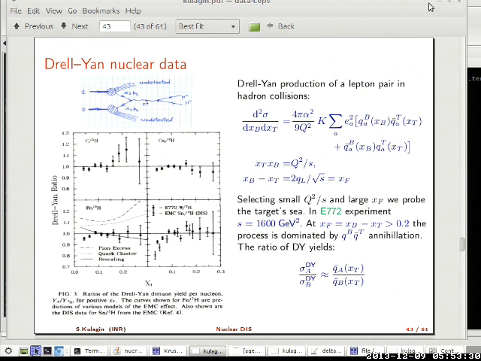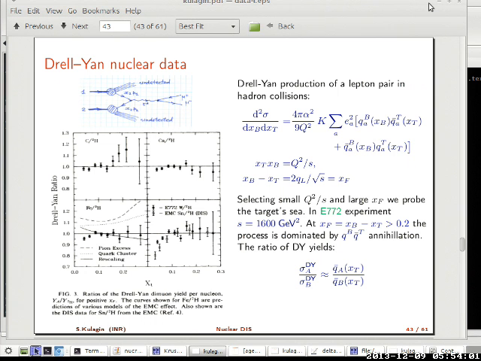So let me briefly stop at the Drell-Yan calculation, which is kind of important for this model. So we know that in the Drell-Yan reaction, in this particular kinematical region, we are sensitive to the antiquarks, to the ratio of antiquarks in the target.